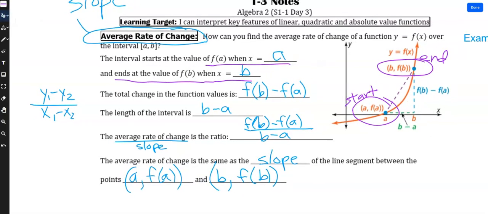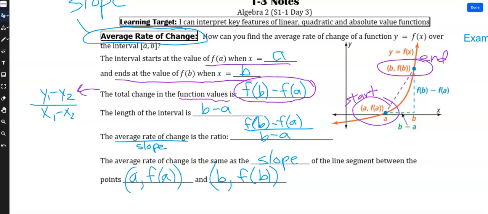If you want to know the total change in the function values, you would have to subtract the y values. All right? So f of b is the ending one and f of a is the starting one. Well, isn't that the same thing as this over here?